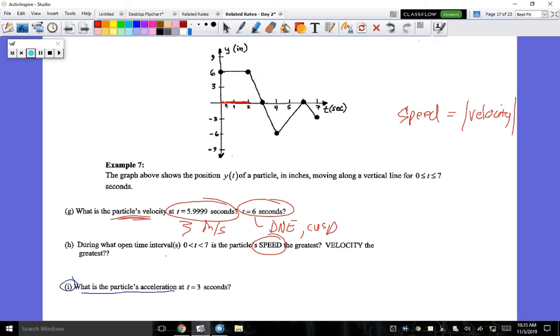And then they see the slope between 2 and 4. What's the slope between 2 and 4? Negative 6, right? Down 6 over 1. So negative 6 would be like way down here, and that's all the way to 4. Notice that I have open and open because I'm going to like cusps.